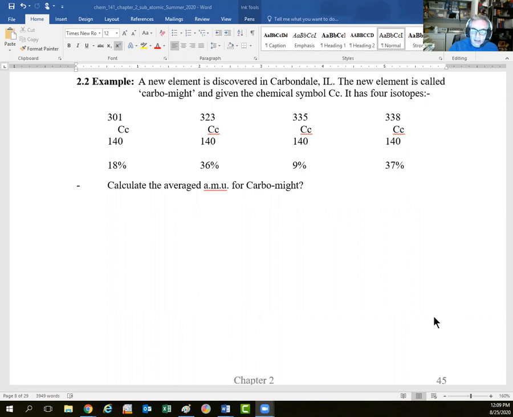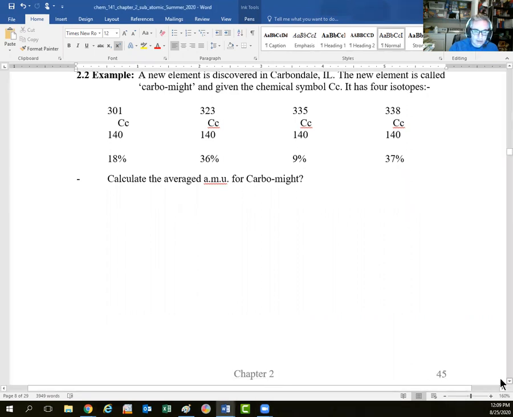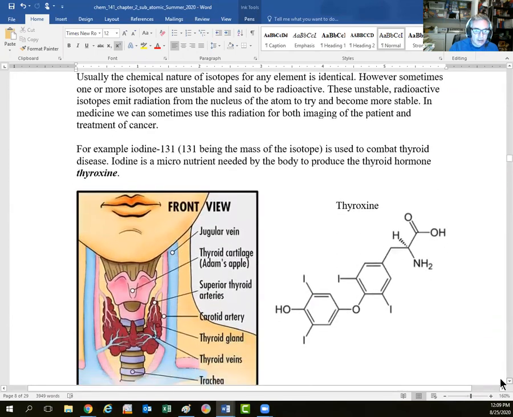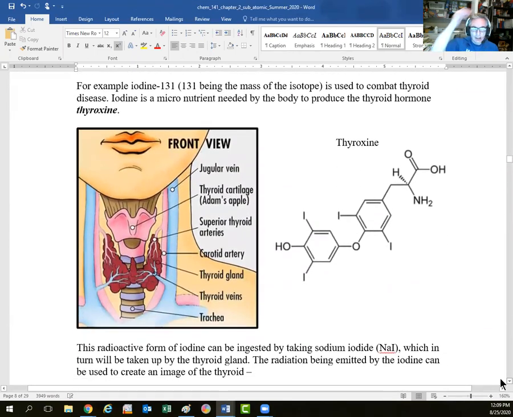Because isotopes are often used in medicine, because some isotopes are radioactive and emit radiation. Sometimes that radiation can be used to treat a patient with something like cancer, and sometimes used to actually detect cancer in a patient.